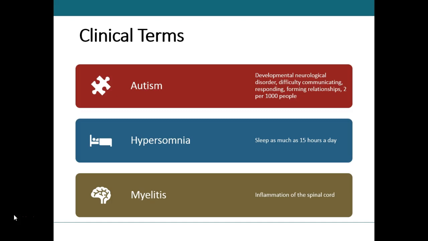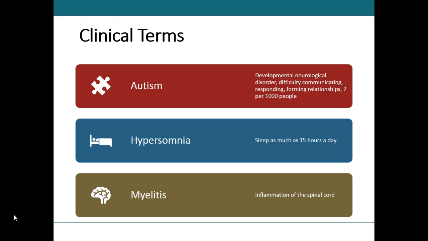In just a few clinical terms to finish up things, autism is a developmental neurological disorder in which people typically have difficulty communicating or responding to other people, as well as forming relationships. There are many different types of diagnosed autism, each of which has a different characterization of how that is manifested in the person.